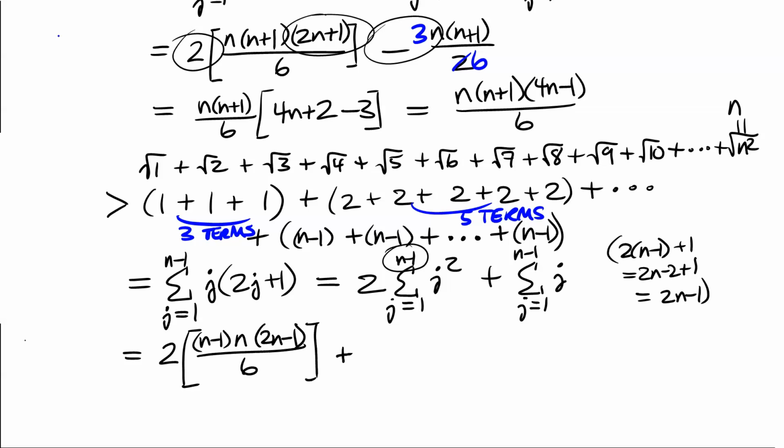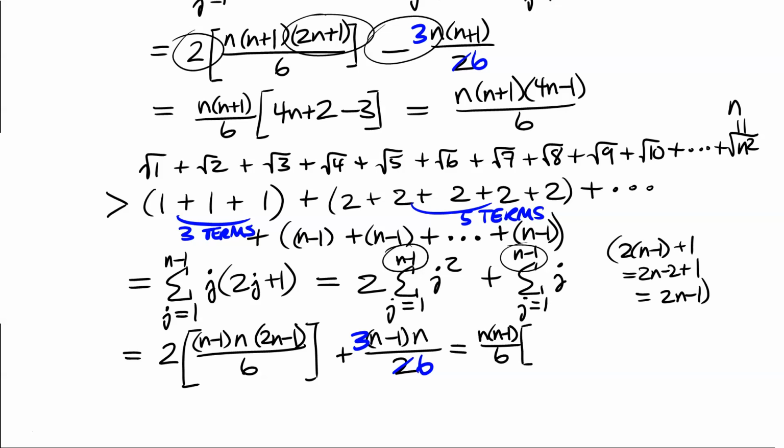And then I'm going to add, and then adding up to n minus 1, I have to do the same thing, plug n minus 1 into n for the formula. I would get n minus 1 times n minus 1 plus 1, which is just n, all over 2. And again, a little bit of algebra, very similar to what we did before, get a common denominator here. I'm going to factor out this time n minus 1 over 6.